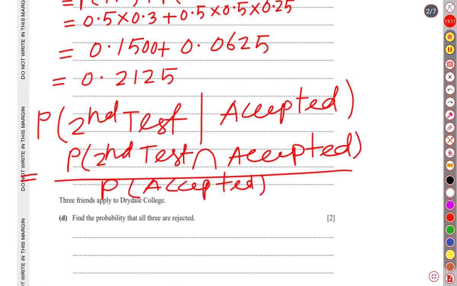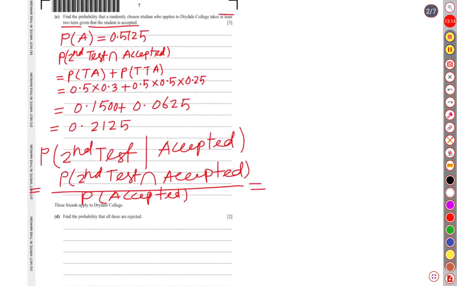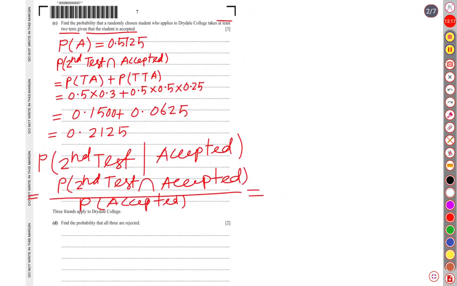Okay, so we have already found all supporting information. When second test intersection accepted is how much, we have got it, 0.2125. It is going to be this one.